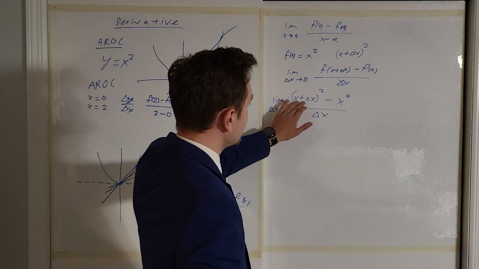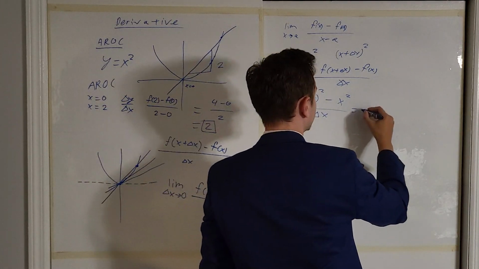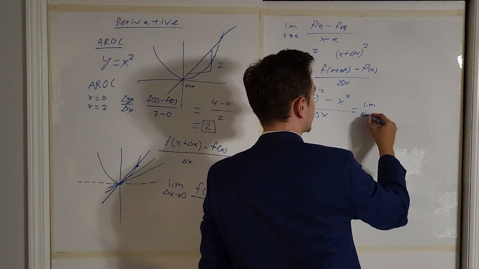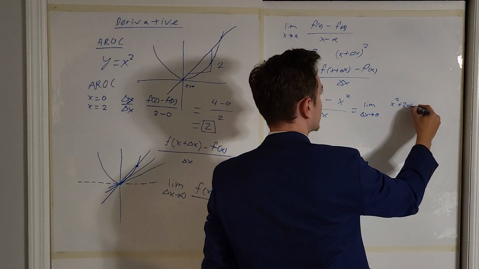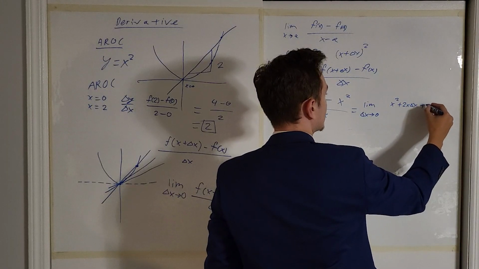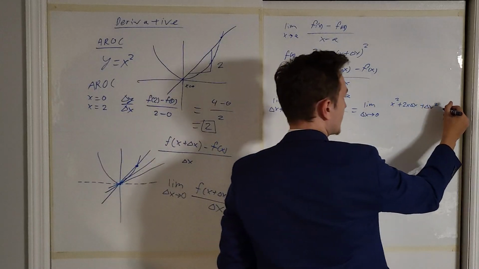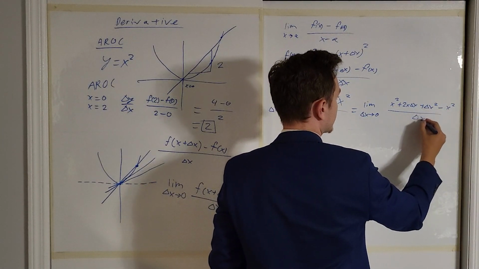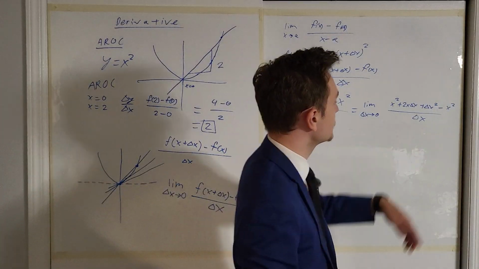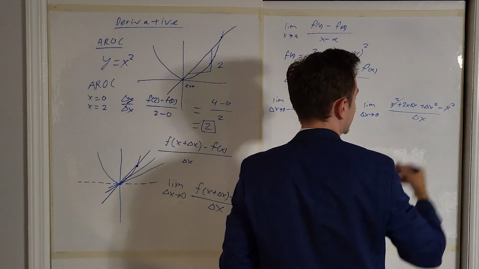Okay? Let me FOIL this out. This is going to become the limit as delta x approaches 0 of x squared plus 2x delta x plus delta x squared, and we're going to remember this term, minus x squared all over our delta x, okay? Now we're going to be able to do some simplification. Our x squared and our negative x squared both cancel out.